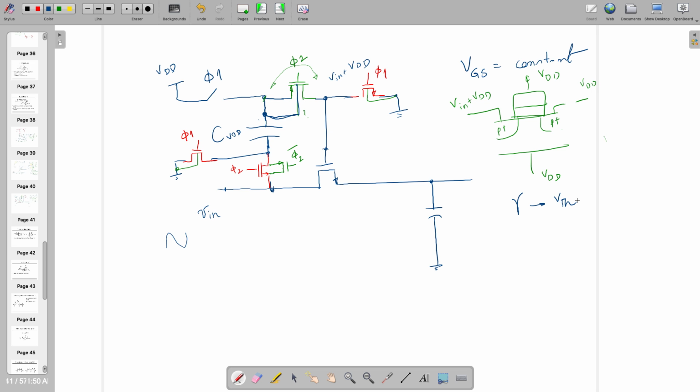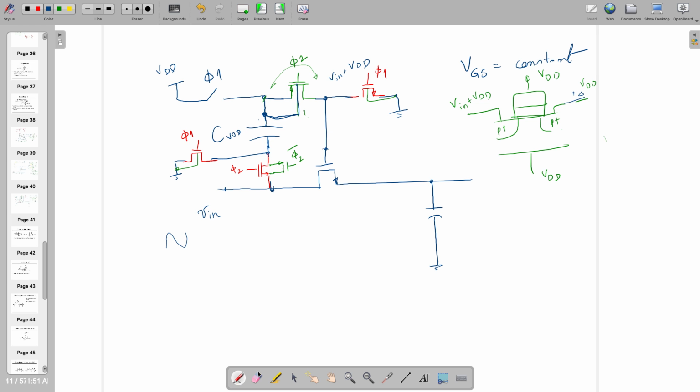But at the base case, you can do source and body short, and even if there is some delta VTH, you will make the budget, and maybe some delta change you will observe here. But this is the base thing, we can do it. Otherwise, we have to do something else for compensating that.